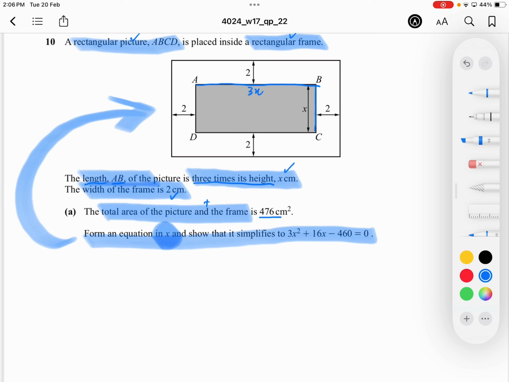Which word can we use that has a calculation? There are two words here that have a calculation. What? 3 times? Not quite. Yes, but we already made it 3X. Which two words have a calculation? Total. The other one is what? Area.